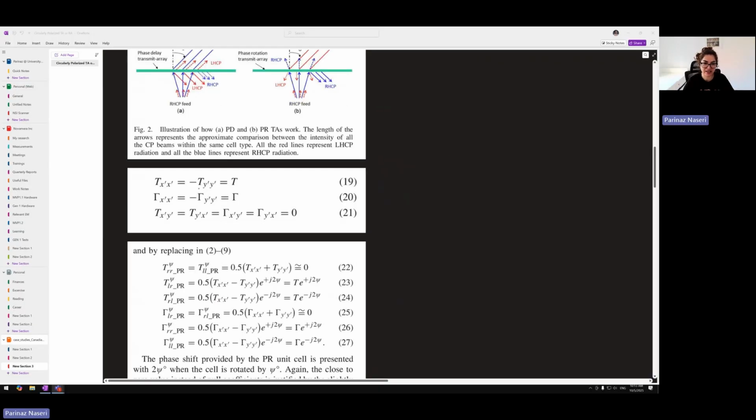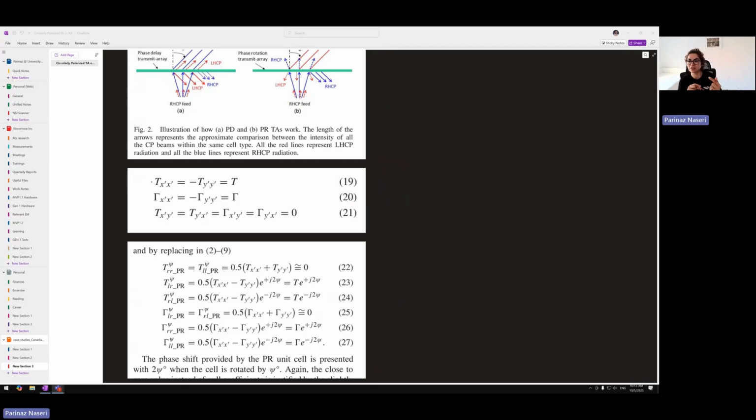Let's say in this case, this is another type. In this case, one unit cell is designed in a way that the transmission coefficient along X and along Y have equal magnitude or amplitude, but they are different with 180-degree difference. Okay.